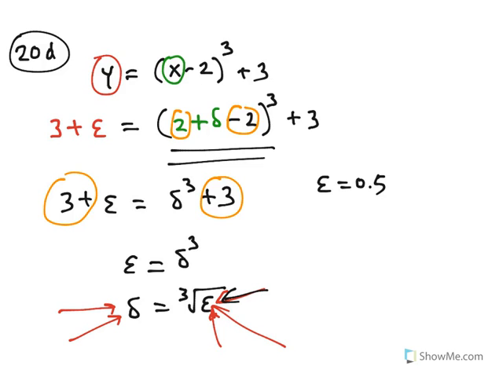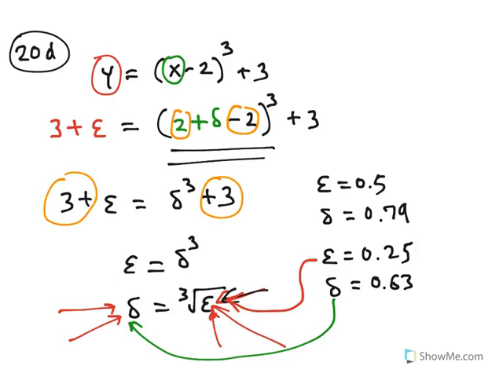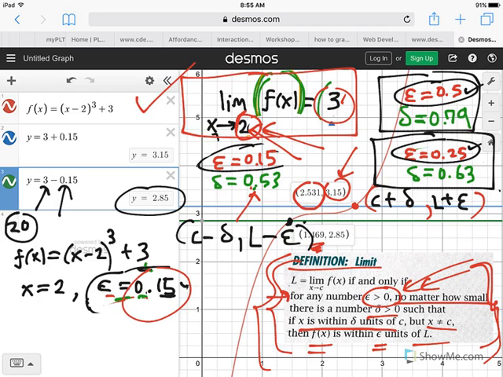Substitute 0.5 here, and you will get that delta is 0.79, as we saw earlier. If you substitute 0.25 for epsilon, you'll get that delta is 0.63, by taking the cube root of 0.25. And if you substitute 0.15 for epsilon, you will get 0.53 for delta.